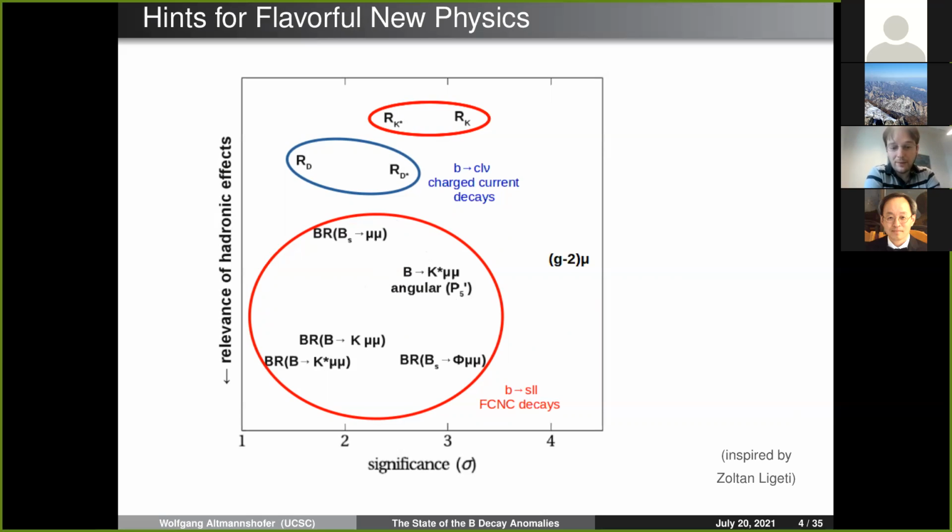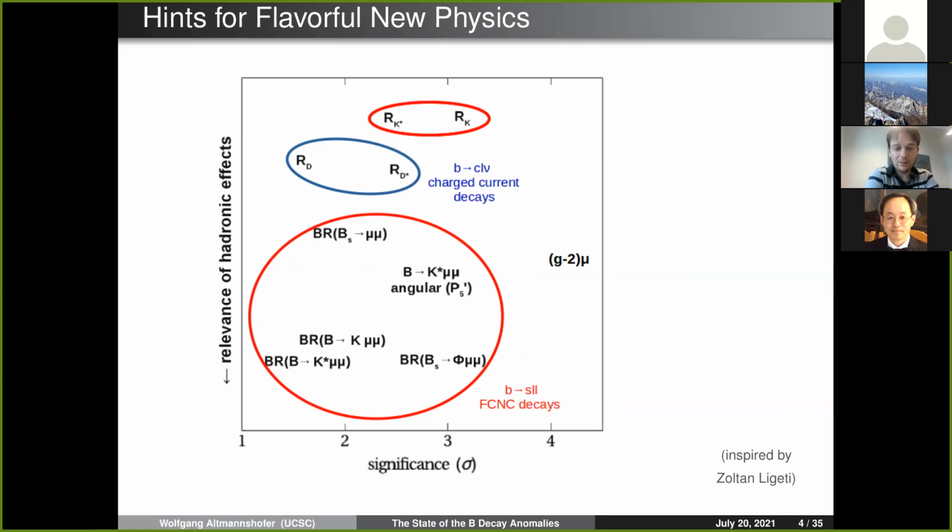That one also differs from standard model predictions by 2.5 to 3 sigma. There's also the purely leptonic decay Bs to mu mu. This branching ratio has maybe a 2 sigma tension or so with standard model predictions. And so all these processes that are circled here in red are related to the same b to s ll transition, and they all show discrepancies.